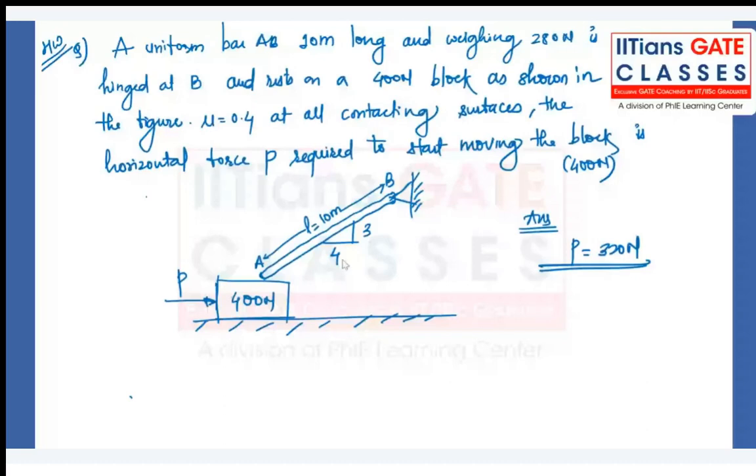If we apply force from right to left in this direction, then the rod will move. In this figure, we are not having that kind of force. We are applying force from left to right, so that is the reason the uniform rod will not move.